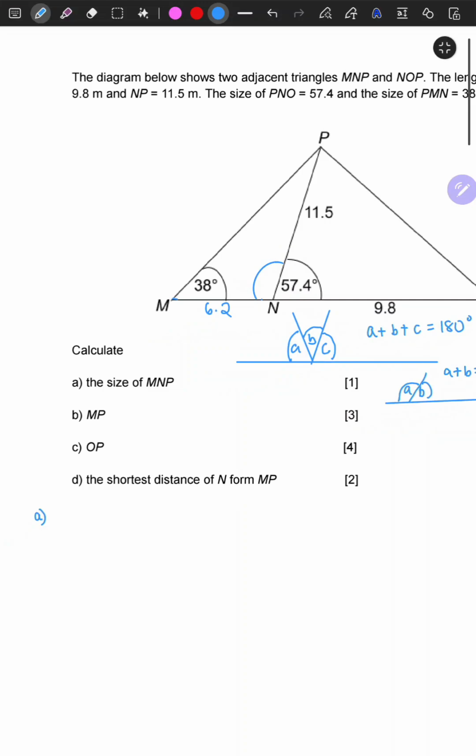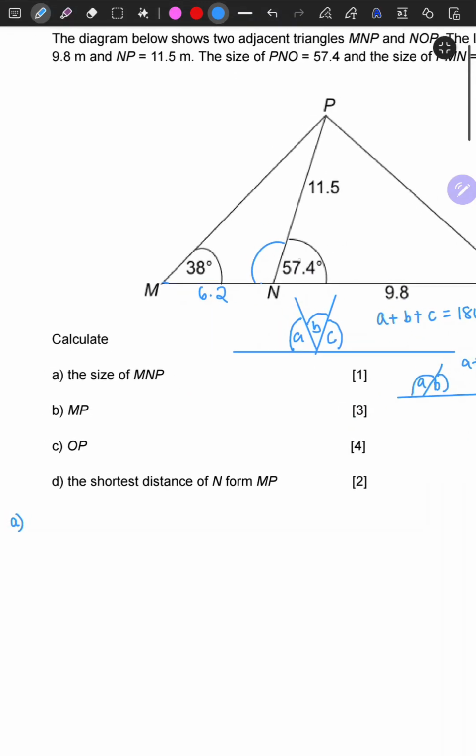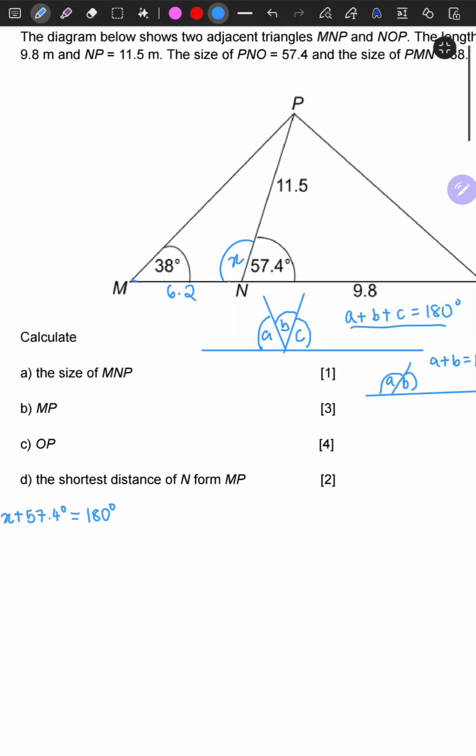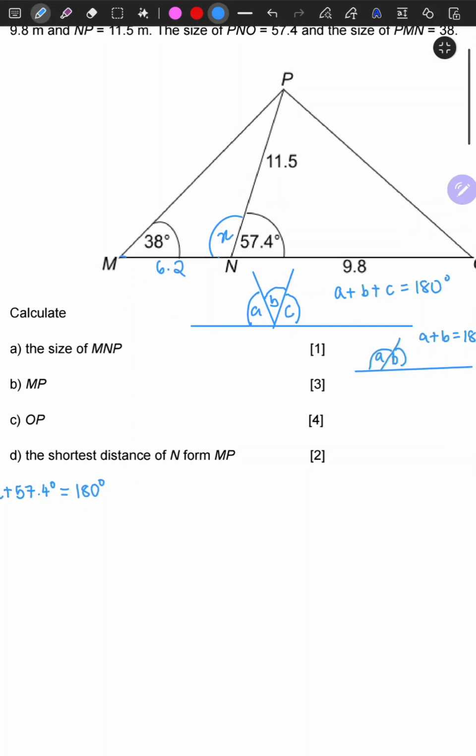So in this case, to find the angle we're looking for, which I'll label X, we say X plus 57.4 degrees is equal to 180 degrees, such as we have done in this rule. We have done it here to show that these angles are supplementary to each other.